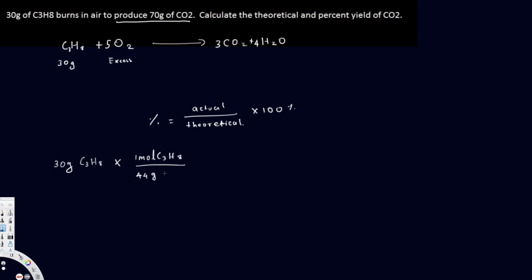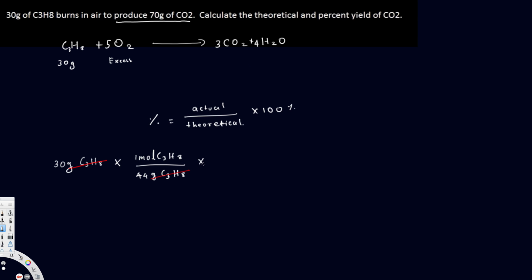So gram C3H8 and gram C3H8 cancel. We will be left with moles of C3H8, right? So here we have moles of C3H8, and now we have to know what is the mole of CO2 that is produced.